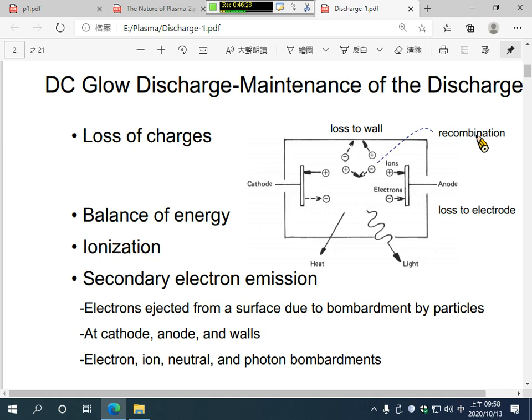But from this figure, we can see the cations and electrons might lose their charges by collisional process. So cations and electrons, when they come to the surface of cathode and anode, might lose their charge. So for example, from the left side, when the cation collides with cathode, they will lose their positive charge to cathode.